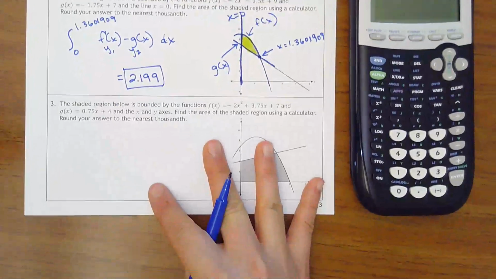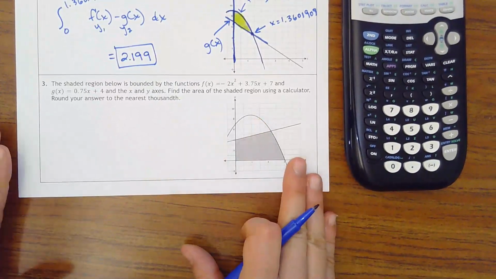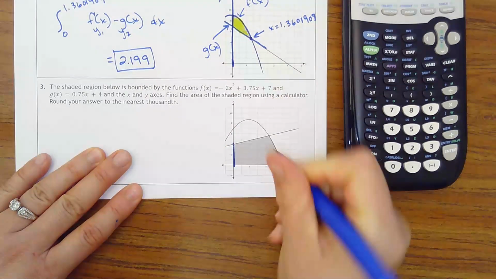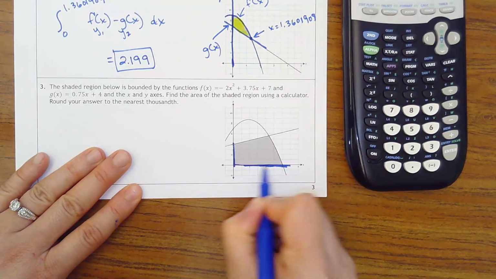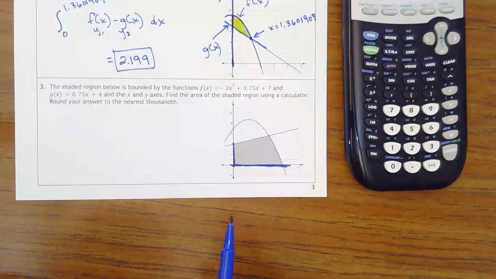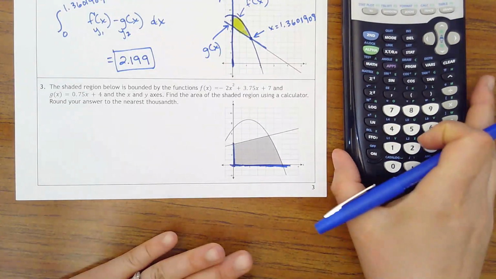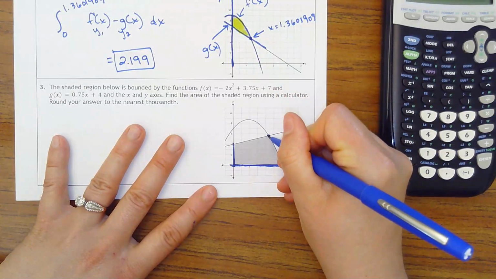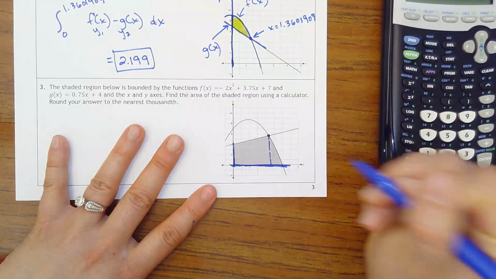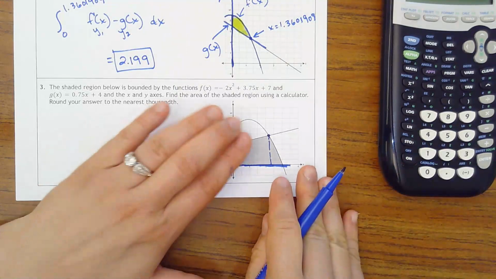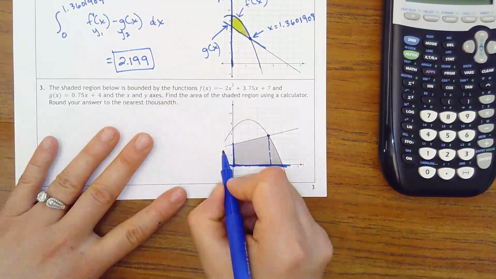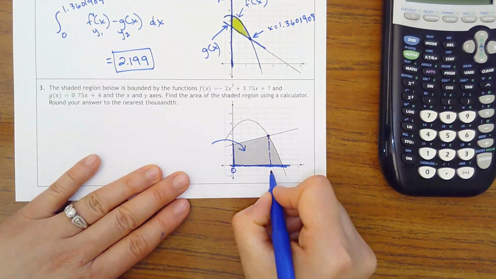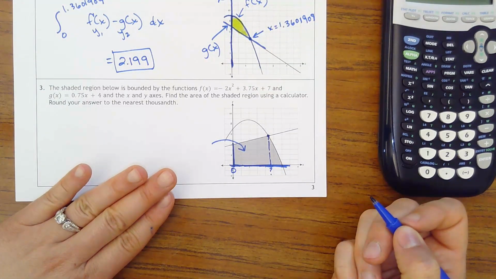All right, and number 3, we've got another f of x, g of x function, and the x and y axes. So we can see here and here are bounded. Find the area of the shaded region using a calculator. What's different about this one is that once I find this point of intersection here, if I were to drop down that x value, look how that creates actually 2 different shapes. So this region right here is going to be created between x is 0 and whatever x value this is.